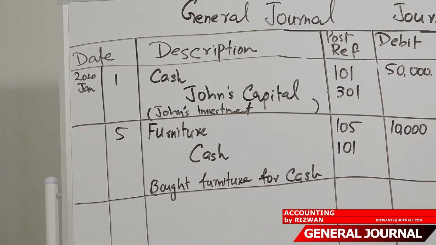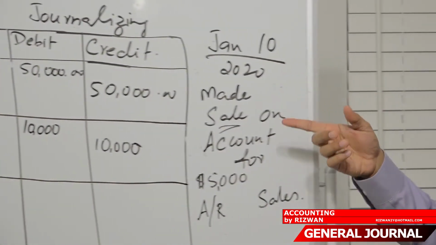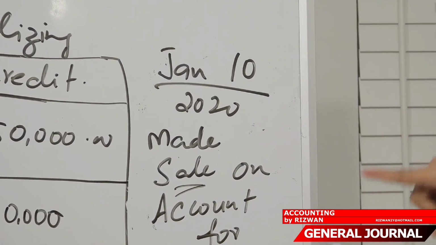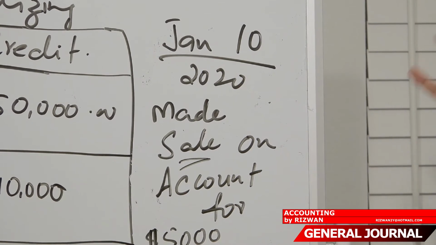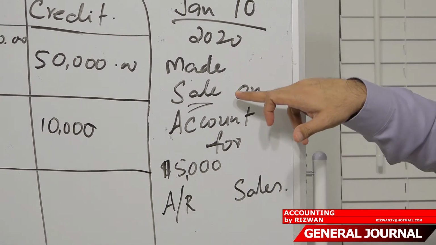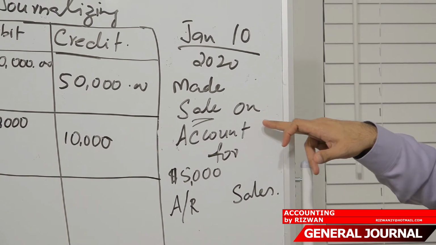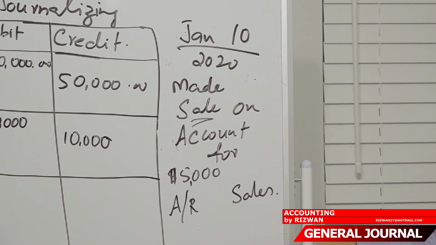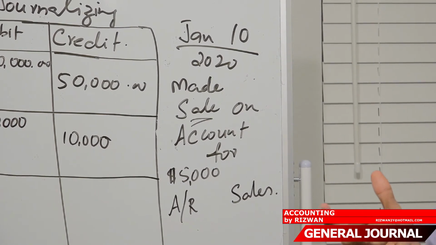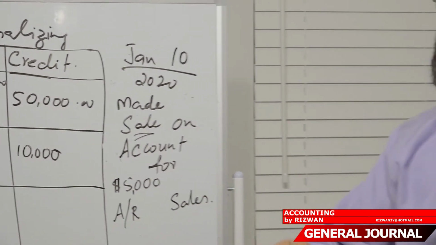Now this transaction occurred on January 10, 2020. This time you made a sale. You did a great job. But this time you made a sale on account. Did you receive cash when you made the sale? The answer is no.